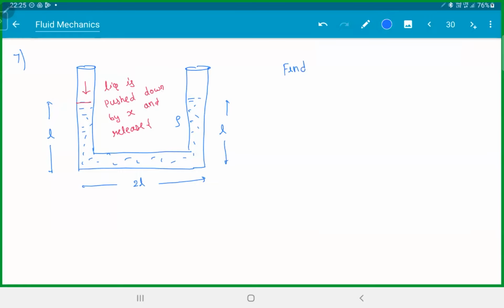SHM and fluid mechanics. Find time period for oscillations. So we have a U-shaped container. The height is L, 2L, and L. The base is 2L. You push the liquid on one side by X and you leave it.